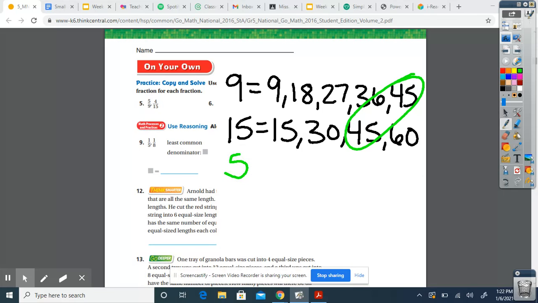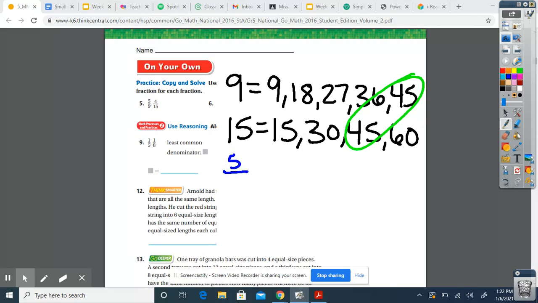So we have 5/9, and then we have 4/15 over here. So we need our denominator. Oh, I'm going to run out of room. Hold on. Let me back up here.